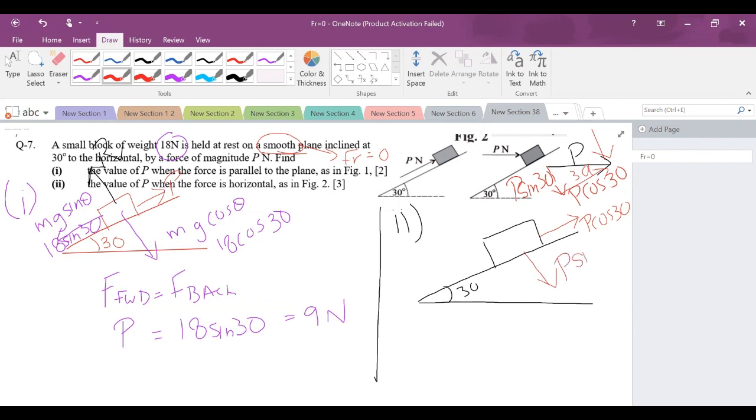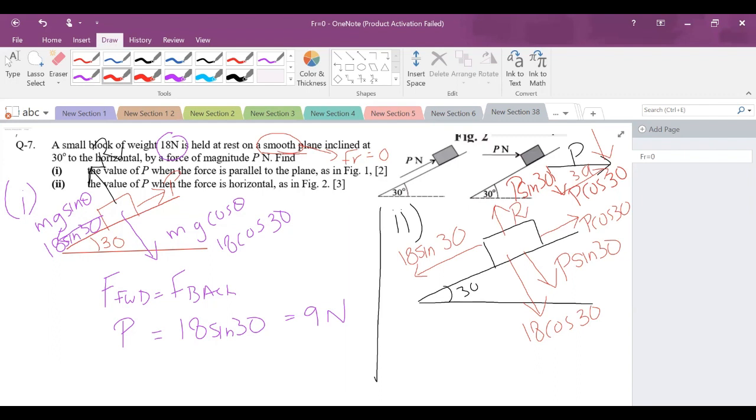There's also an mg cos 30 in this direction, so 18 cos 30, and there's an 18 sine 30 in this direction. There is no friction, so we do not include that component, but there's an R in this direction.